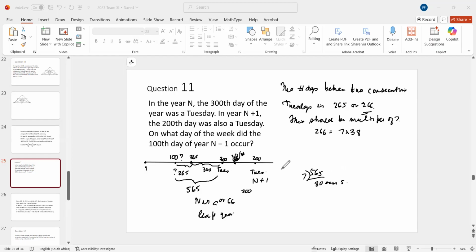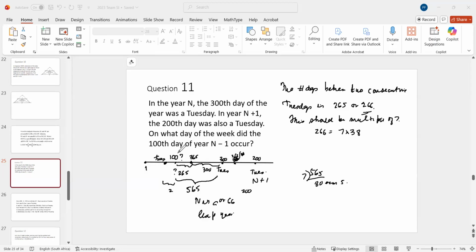So that's a multiple of 7. So 567 days from here backwards is a Tuesday. From here to here is 565, so here, another 2 days, 567. And this is a Tuesday here. It has to be 2 because 565 plus 2.